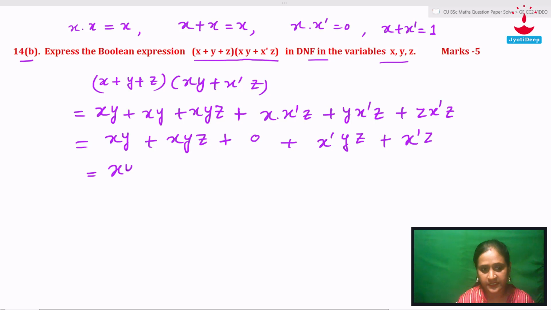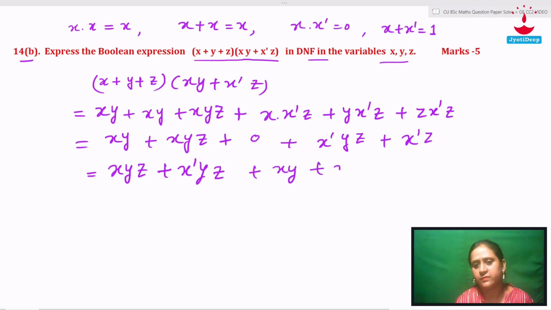So we are writing it here: xyz plus x dash yz plus xy plus x dash z. We will do nothing to the first two because these are in DNF form. We have to make it in 3 variables.